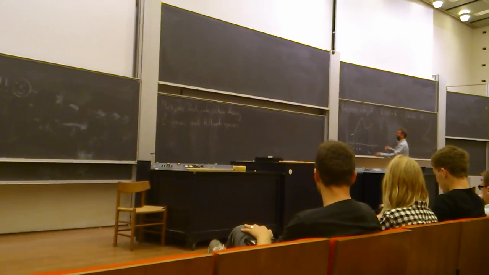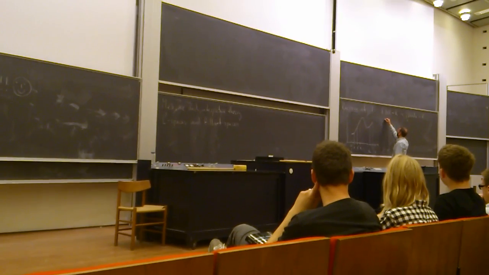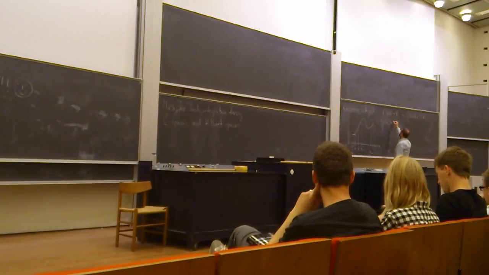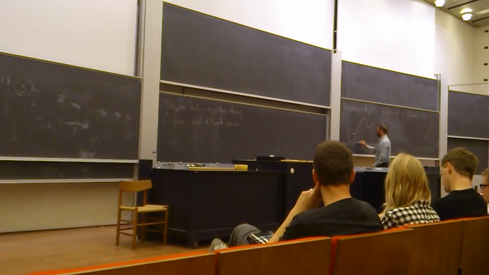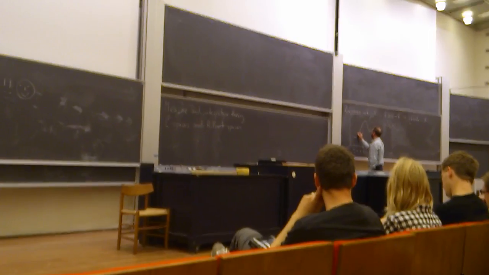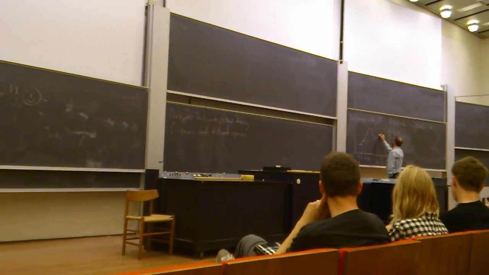So for each j, we pick a point, let's call it psi j, in the interval from xj minus 1 to xj. And it could be any point. Then we get honest rectangles.